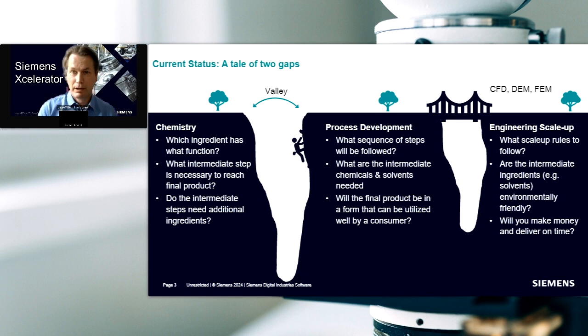So think about tools like you have with computational fluid dynamics or discrete element particles. That's all available, but much less so if you want to connect the chemistry to the processing stage. And with the Simcenter Culgi, we try to address some of those challenges. And so yeah, you see this big valley, and we try to cross that big valley using our solutions.